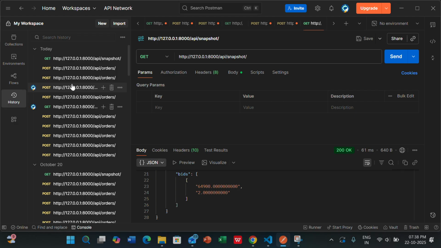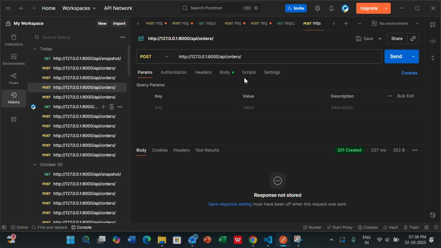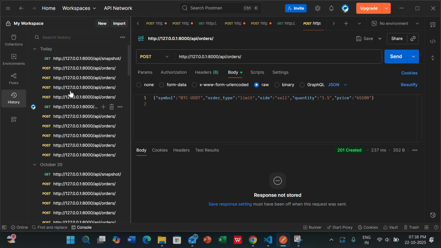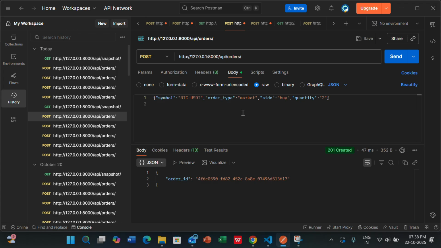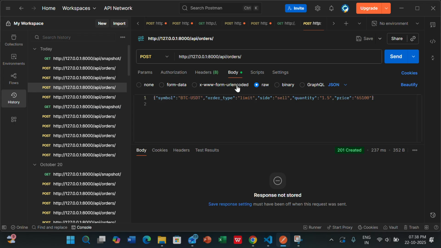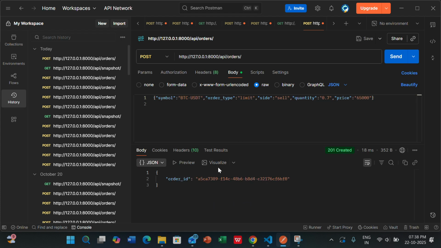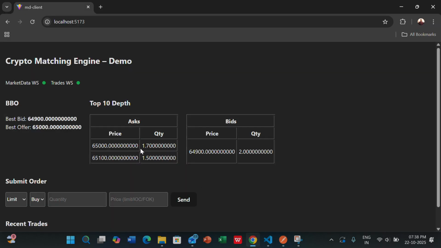So now, if I want to sell 0.7 units at exactly the same price, 65,000, what will happen is that if I send it, it will generate a new ID, and as you can see from this, the quantity has been added on.